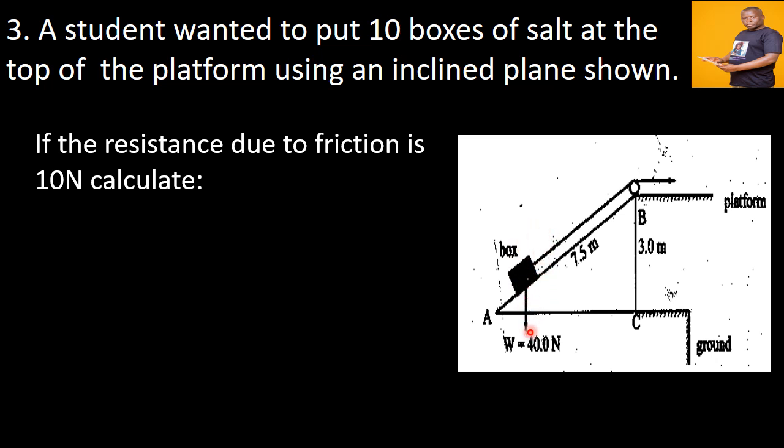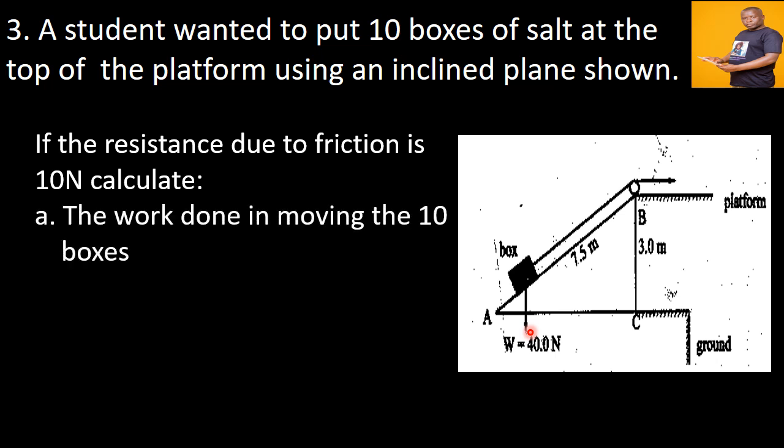As shown in the diagram, the resistance due to friction is 10 newtons. As this is being dragged up, there's also another force dragging it backwards, which we call friction. So remember, the useful work done is the work done by the effort minus the work done by the friction. Don't ignore that.